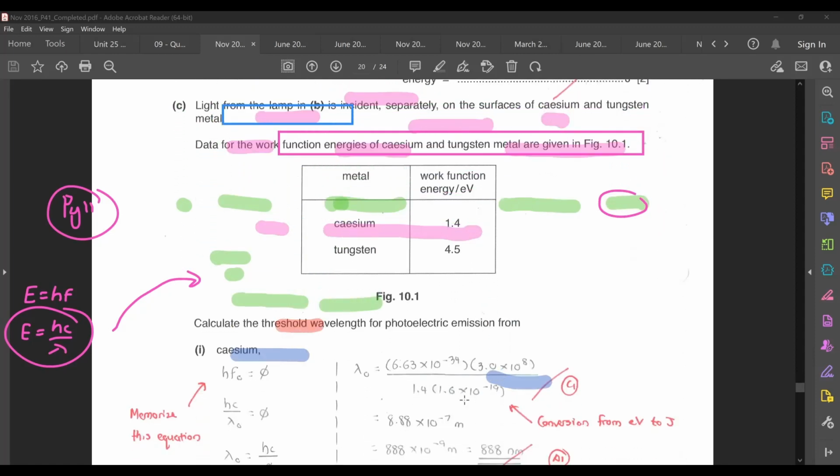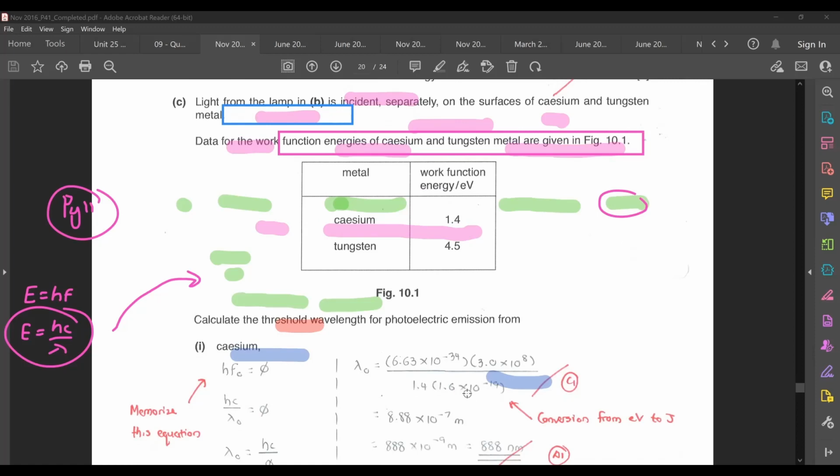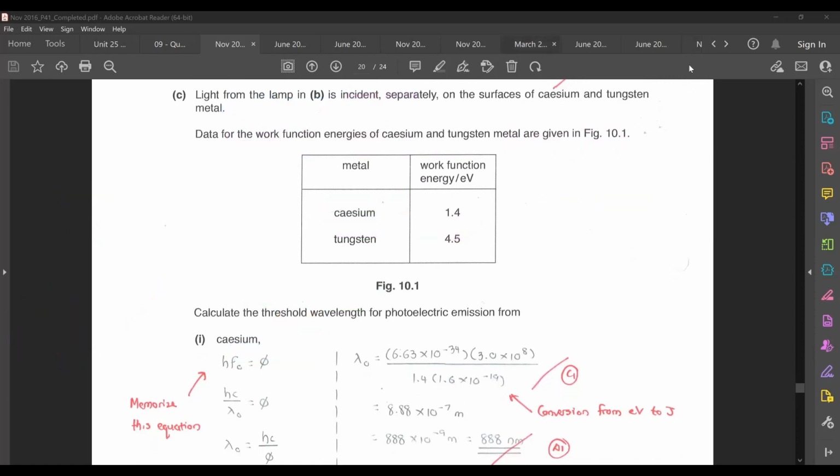For this part, what they say is that light from the lamp is incident separately on the surfaces of cesium and tungsten metal. Data for the work function energies of cesium and tungsten metal are given here.